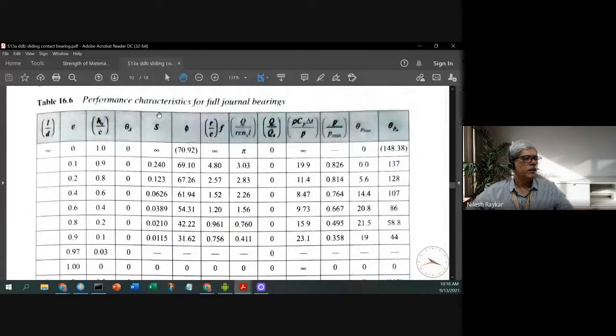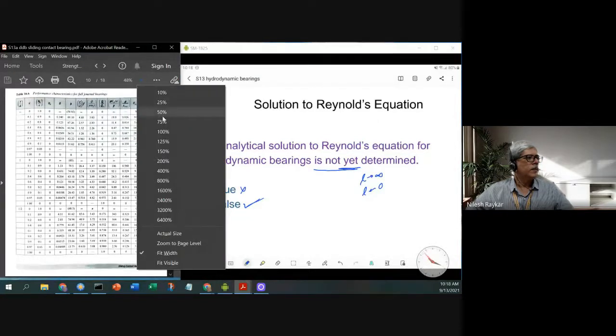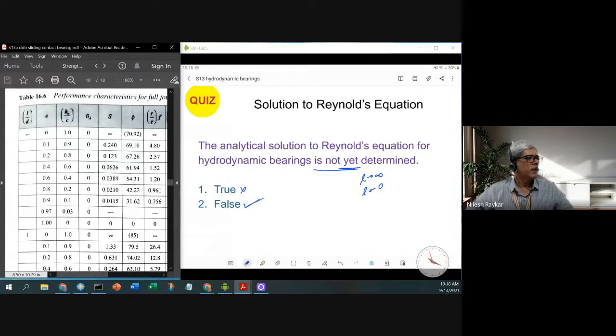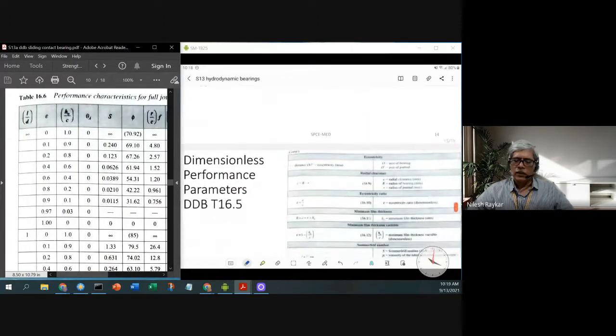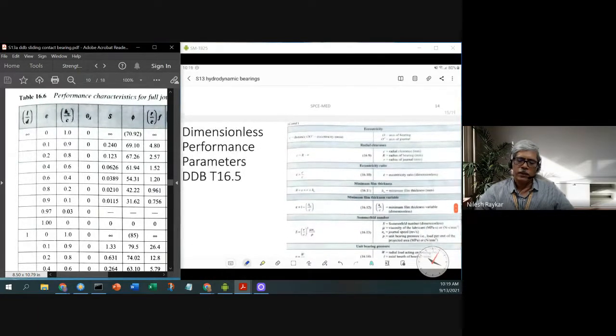So what those columns are is what we'll understand. I'll just minimize this. Maybe zoom a little more. And here we'll look at the description which is given in the further pages of the design data book.